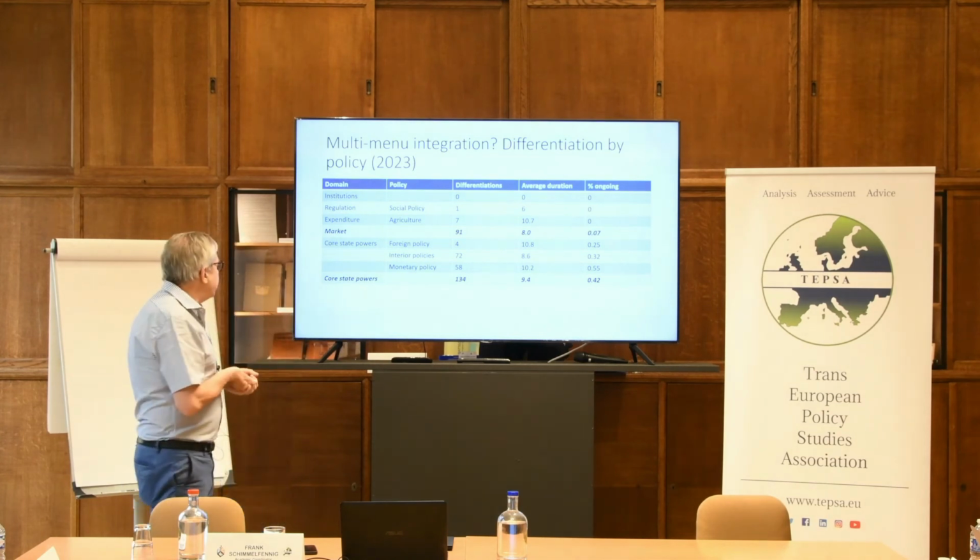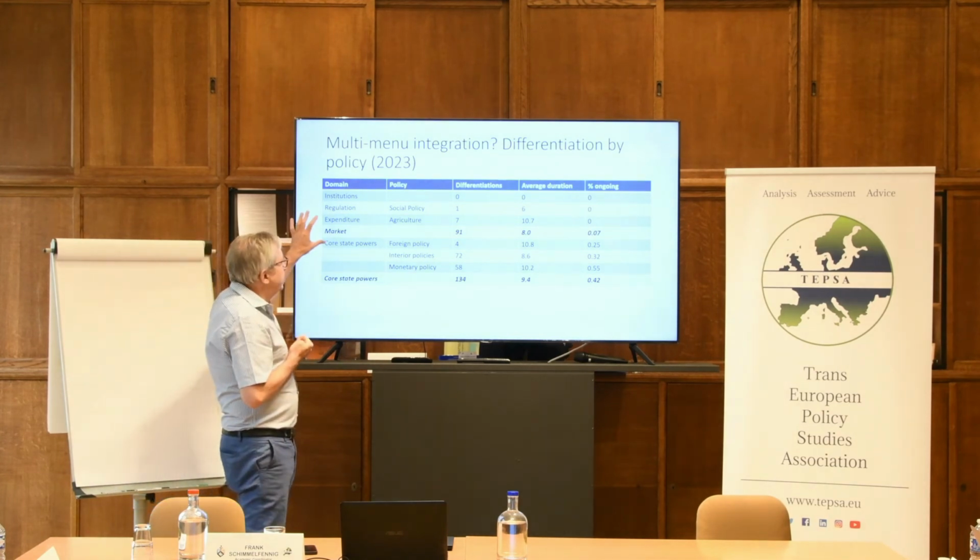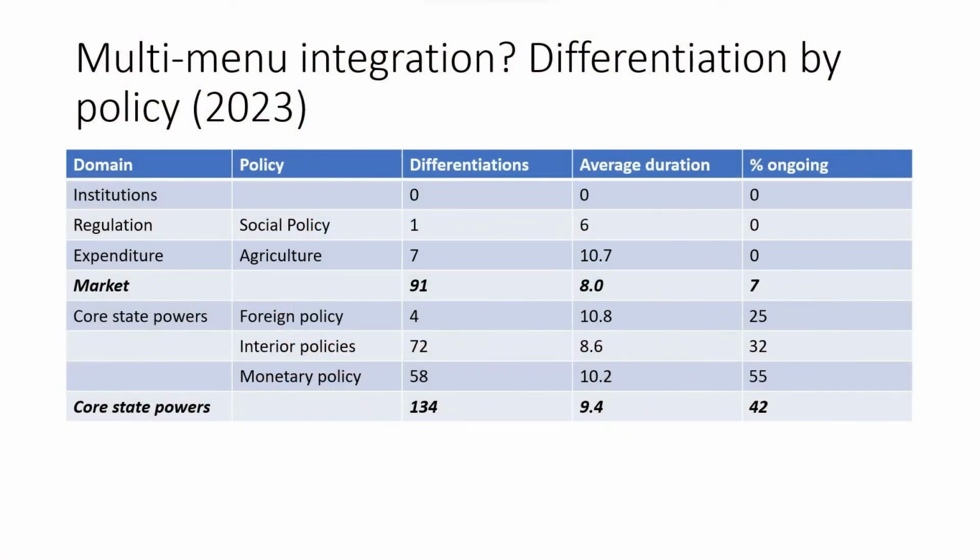And this is also what we can see here. When it comes to the number of differentiations, clearly these are the two areas that have them. With regard to the market freedoms, it's an overall number of 91. Core state powers, and this is mainly interior policies and monetary policy, have a combined number of 134.